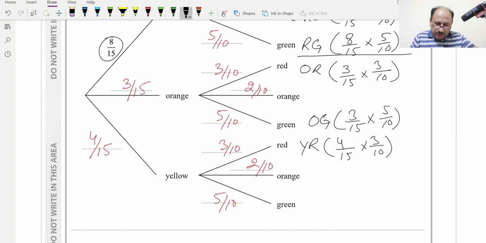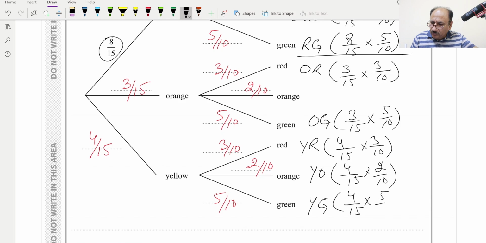And similarly yellow and orange, the probability will be 4 over 15 into 2 over 10. And the last one will be yellow and green, which is 4 over 15 into 5 over 10. This will be the probability.